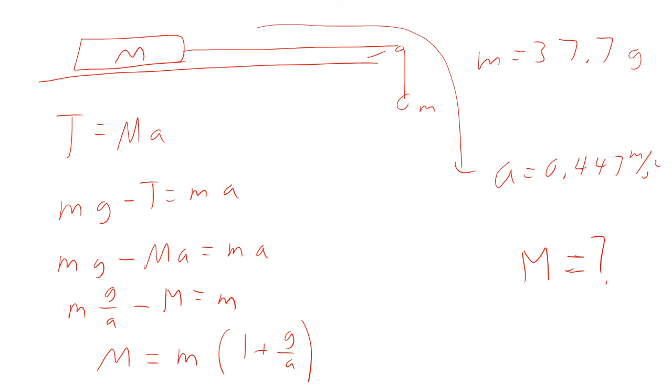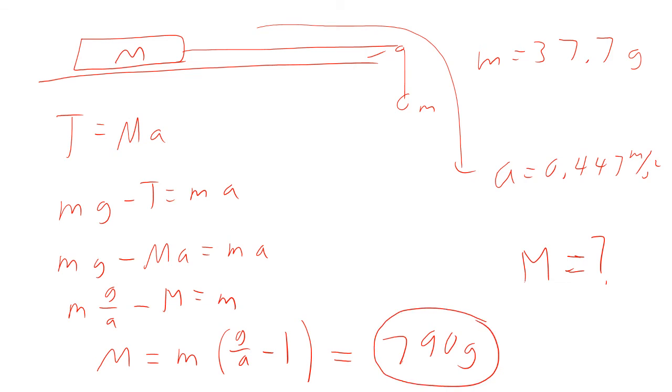No, sorry. I got that wrong. It'd be g over a minus 1. Okay. And so we plug in all the numbers, and we find that this is 790 grams for big M. Okay.